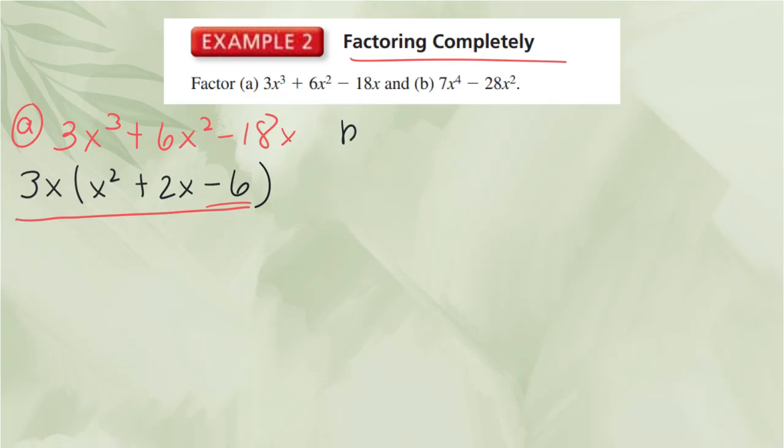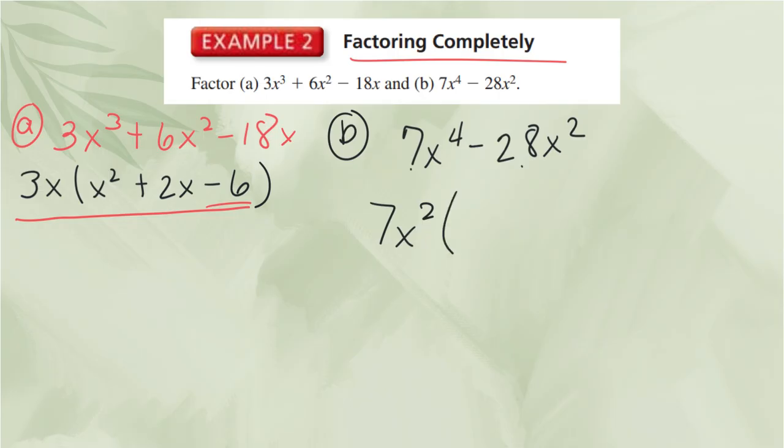In B, I have 7x to the 4th power minus 28x squared. I can factor out the GCF of 7 and 28, which is 7, and of x to the 4th power and x squared, I could take out an x squared. I'm left inside with x squared minus 4. And I can continue factoring this because 4 is a perfect square.